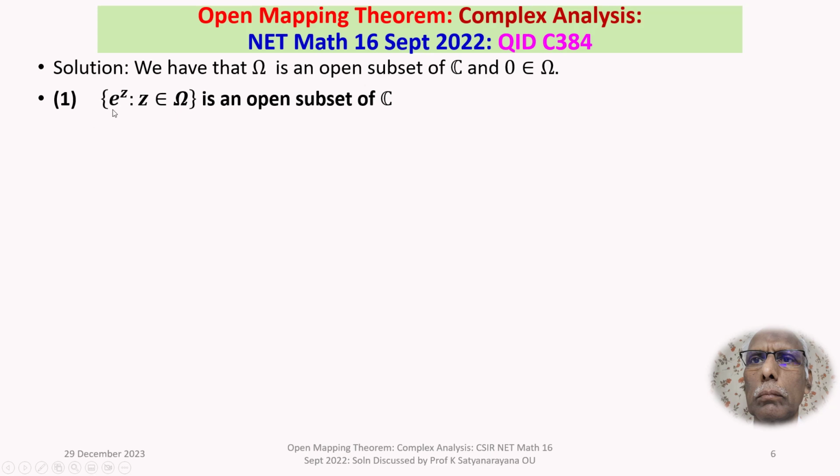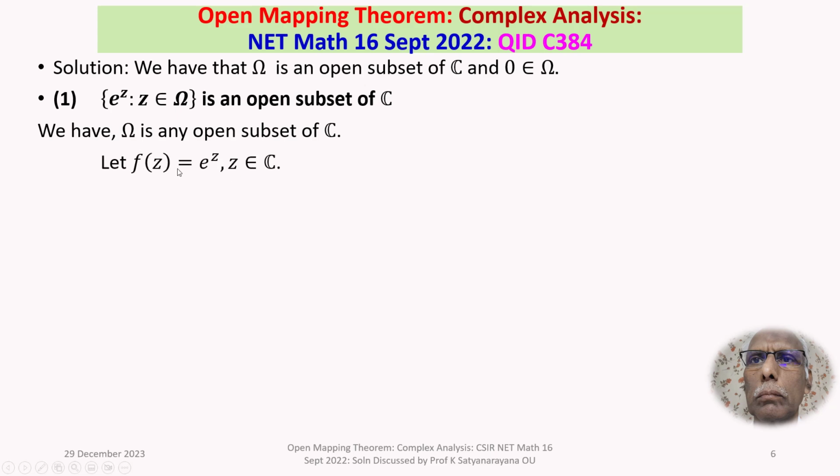It says the set consisting of e^z where z belongs to omega is an open subset of C. We have omega is any open subset of C. Now let f(z) be e^z, z belongs to C. Now notice that f(z) = e^z is a non-constant analytic function.